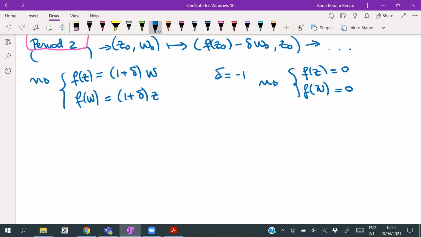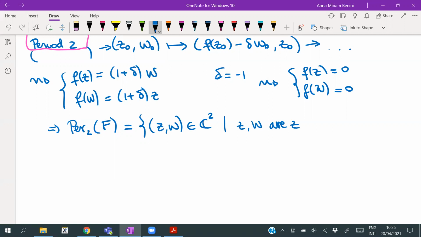So the periodic points of period 2 for your Henon map f are just the set of pairs (z, w) in C² such that both z and w are zeros of f. Again, this is a bit of a problem because your function f may not have zeros.